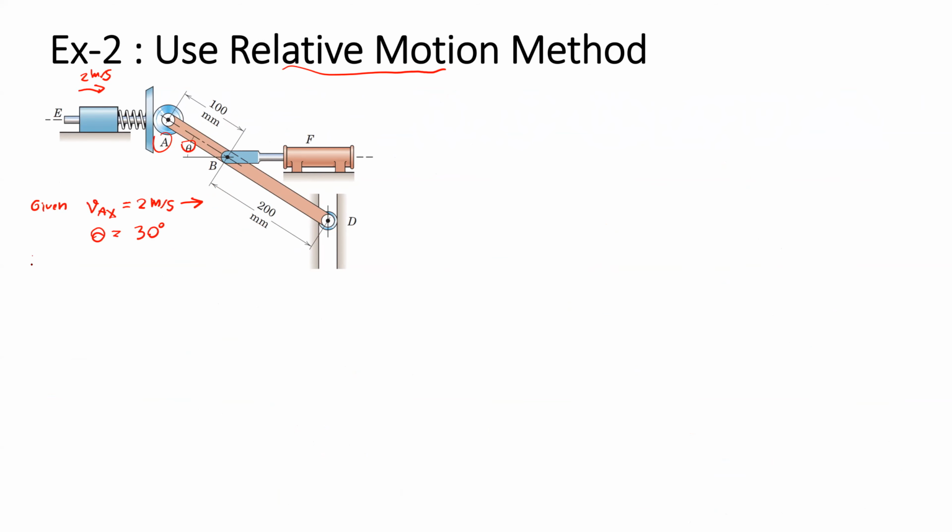So we need to find the downward velocity at point D, and we need to find the omega ABD. The solution by using the relative motion method. Let's begin here.